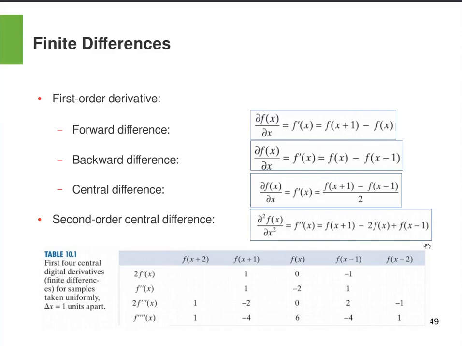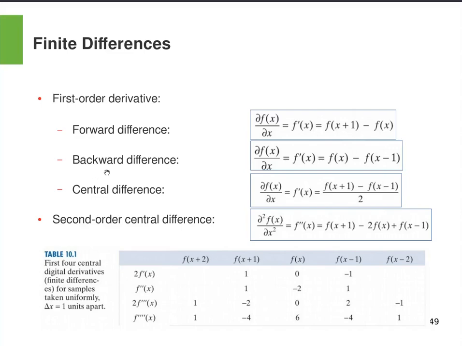So we had several equations or estimations for the first and second order derivatives. For the first order derivative, we can have a forward difference formulation in which the first order derivative of any pixel is basically the function value at the next pixel minus the function value at the current pixel.